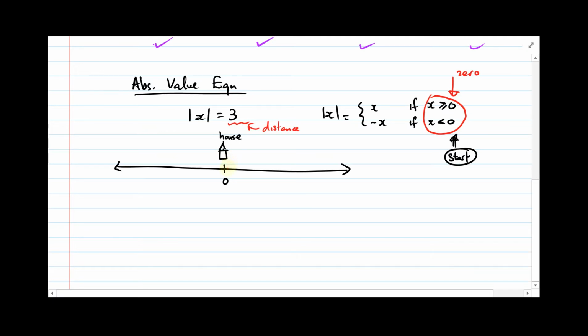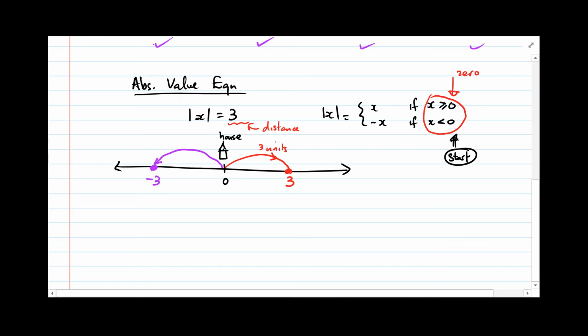Some mornings I'll get up and I will run to the right 3 units, and so I will end up on a point on my number line which is positive 3. But on another morning I can get up and say I'm going to run exactly 3 kilometers, but this time I go down the street from my house. So I end up at negative 3.